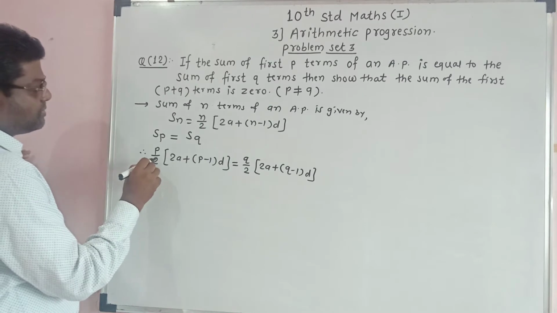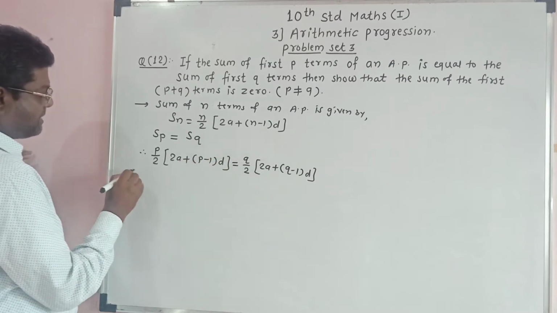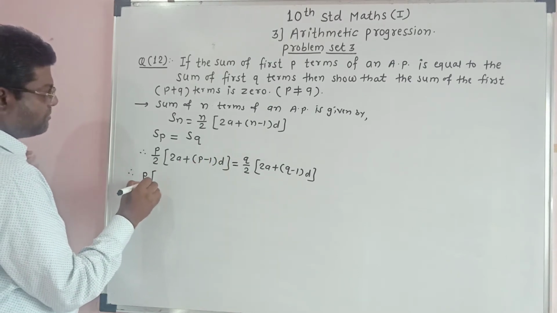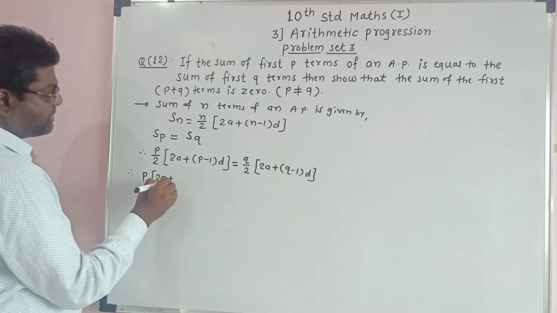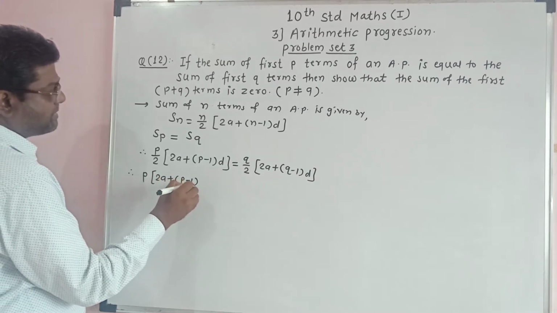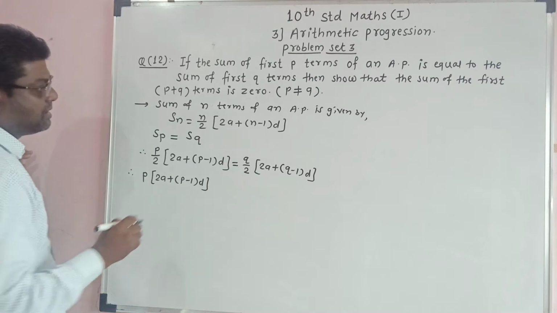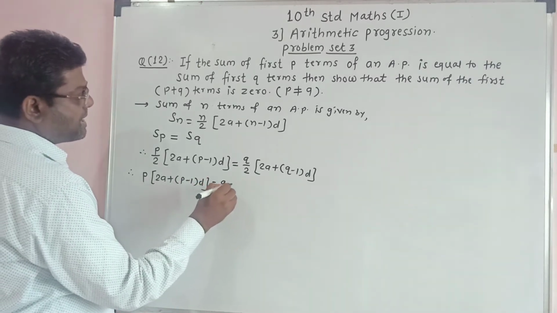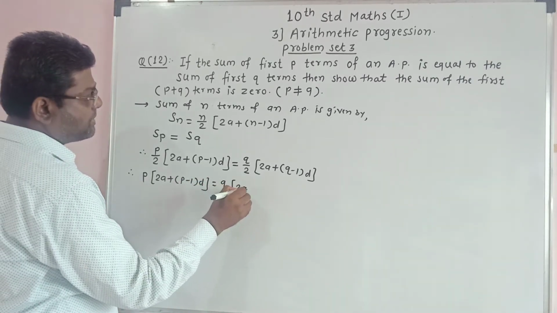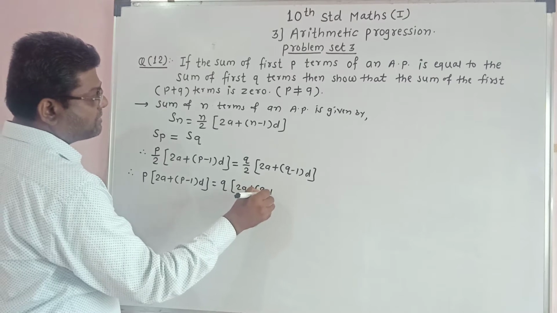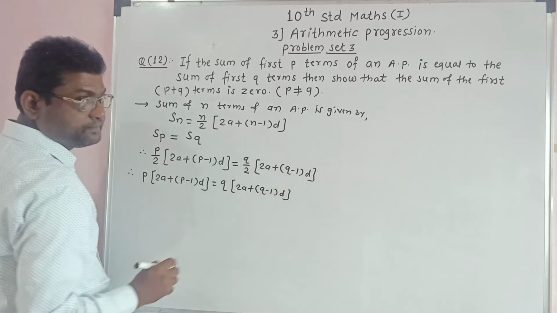Now these two will get cancelled on both sides, therefore we have p in bracket 2a plus p minus 1 into d is equal to q in bracket 2a plus q minus 1 into d.